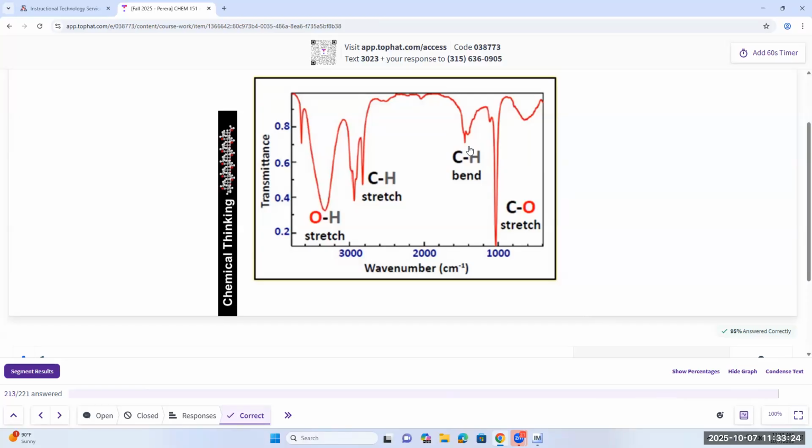So the only thing we know based on the IR spectrum is that in our molecule we have at least one CH bond, at least one. That is all we know. And then we have at least one OH bond and at least one CO bond, and that is all we get from this IR spectrum.